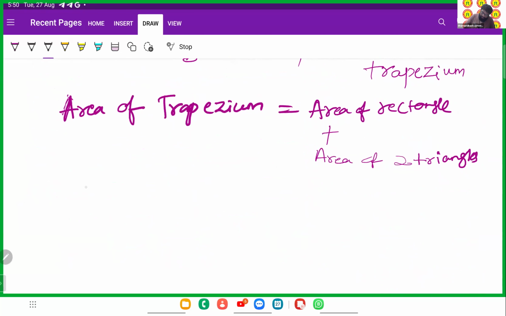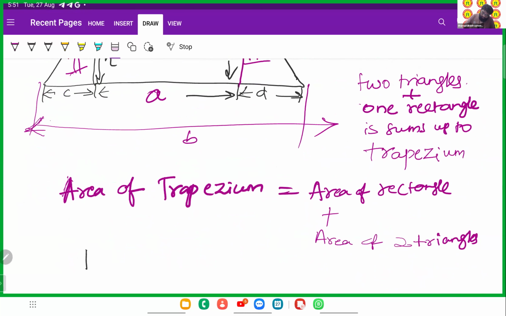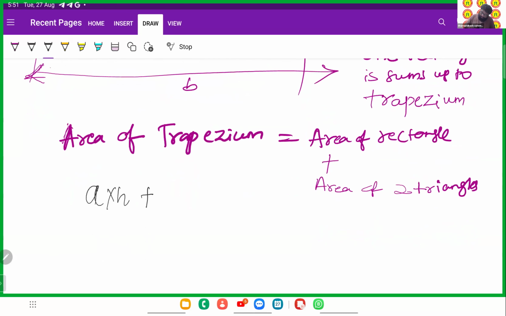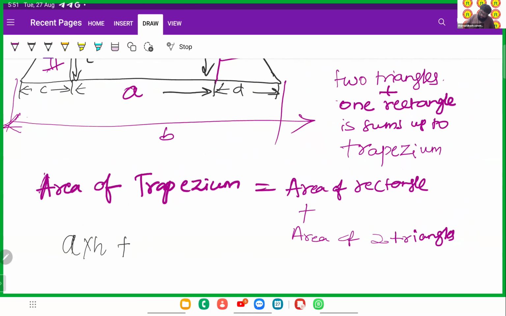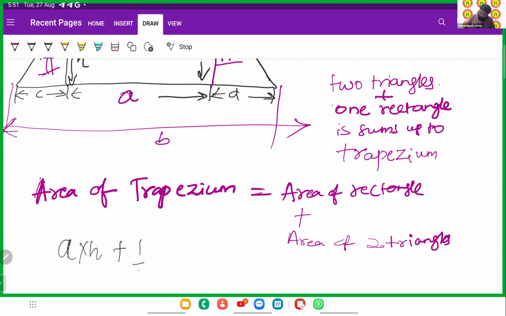So the area of the rectangle is length into breadth, that is A into H. Plus, the area of the two triangles.